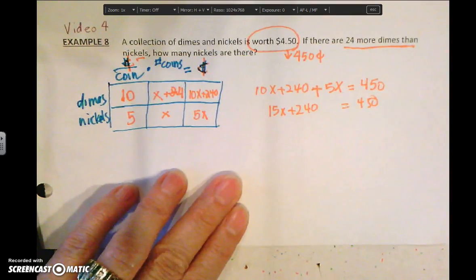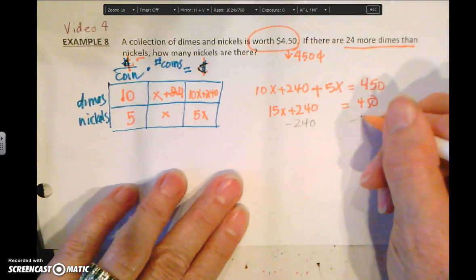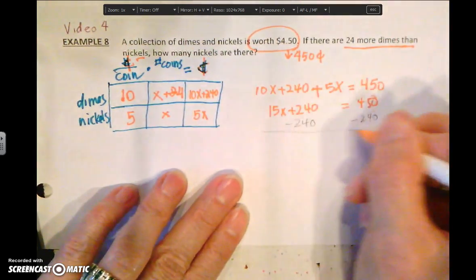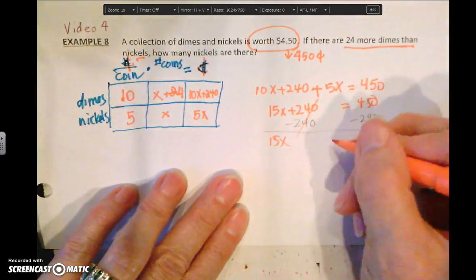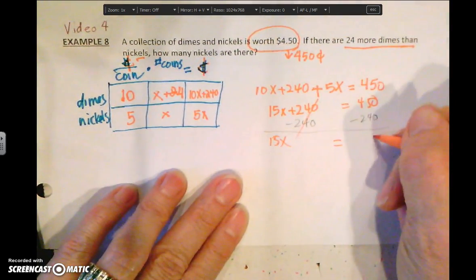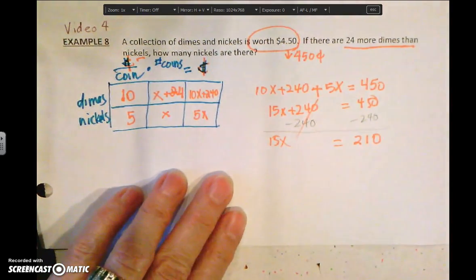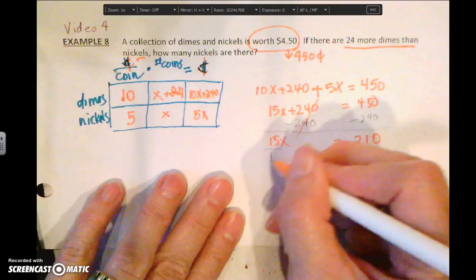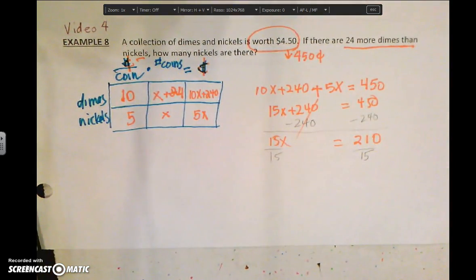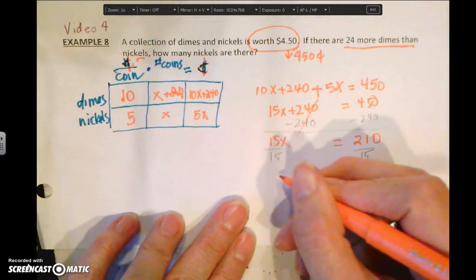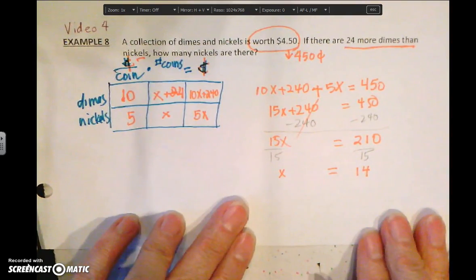Then we want to subtract the 240, and that will leave us with 15x is equal to, subtracting over here, 210. Then we're going to divide both sides by 15, and the result is that x is going to be equal to 14.